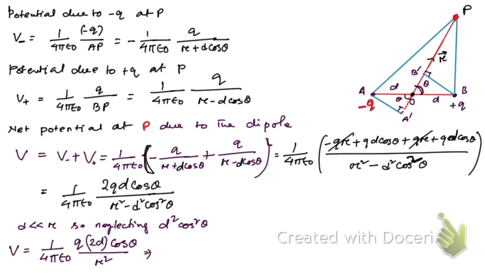Therefore this V is going to be equal to 1 by 4 pi epsilon naught p cos theta divided by r square. That's what we are going to have, right? I hope you have understood this.